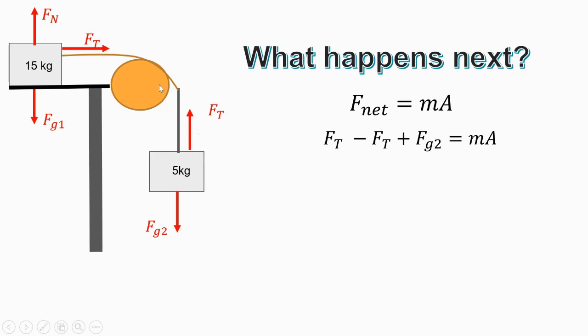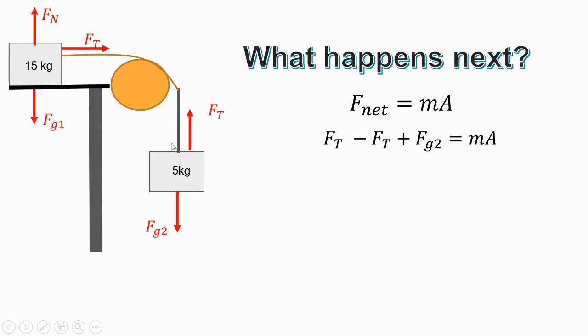I am going to include this tension force that's on the 15 kilogram box, and I'm going to say that that's a positive direction that goes down the rope. If you can imagine the rope is like a river that starts here and goes down to the ocean. Anything that goes down river is going to be positive. Anything that goes up river is going to be negative.